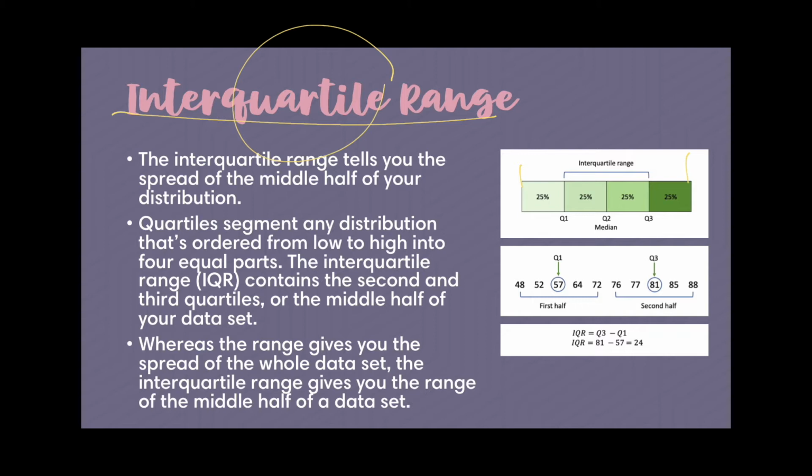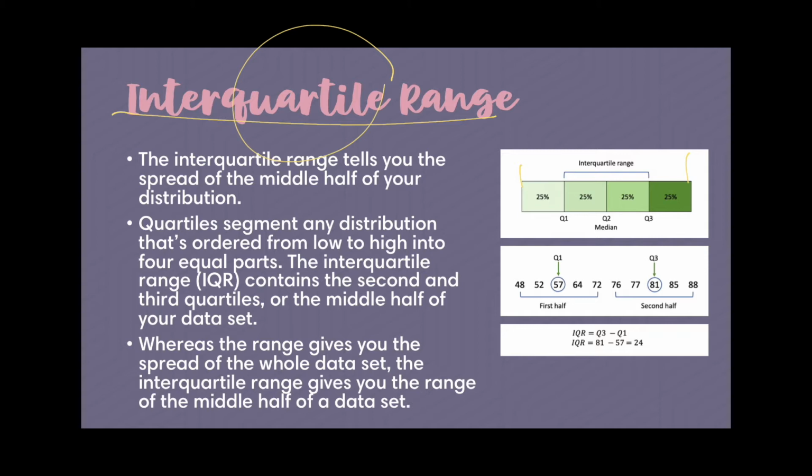Q4 is basically the same as the maximum. Q1 is the first 25%, Q2 is the 50%, and usually Q2 is your median, because it's the second quarter, so if you divide the data in two, that's also the median. Q3 is the 75% and 100% is your Q4.